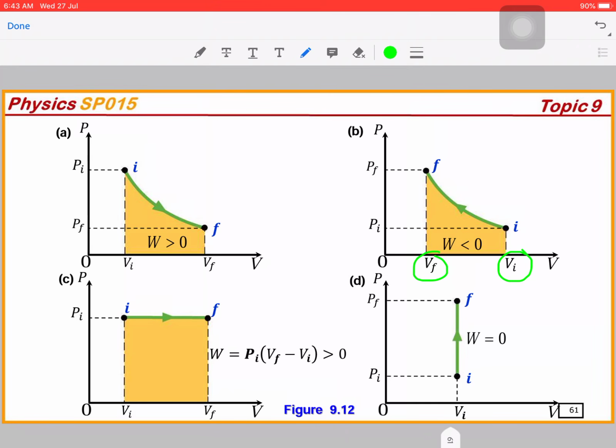Untuk process D, okay, there is no change in volume. Okay, isovolumetric, no change in volume. So bila no change in volume, okay, W is equal to 0. Okay, so that's how you look at your process and how you draw it. So you can see the area under the graph.